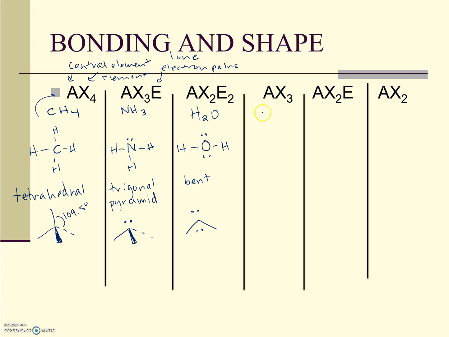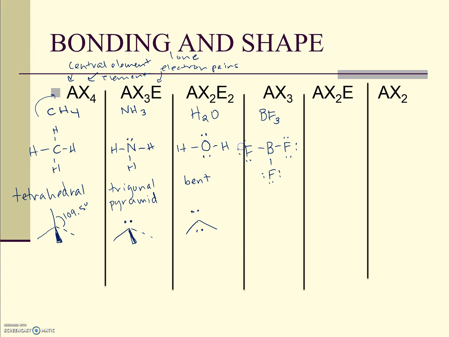Then we have something trigonal planar. It doesn't show up terribly often, and the example we have actually doesn't follow all of the rules, okay? But something like BF3. So B is in group 3, and so it does actually end up that it doesn't have 8 electrons around it.